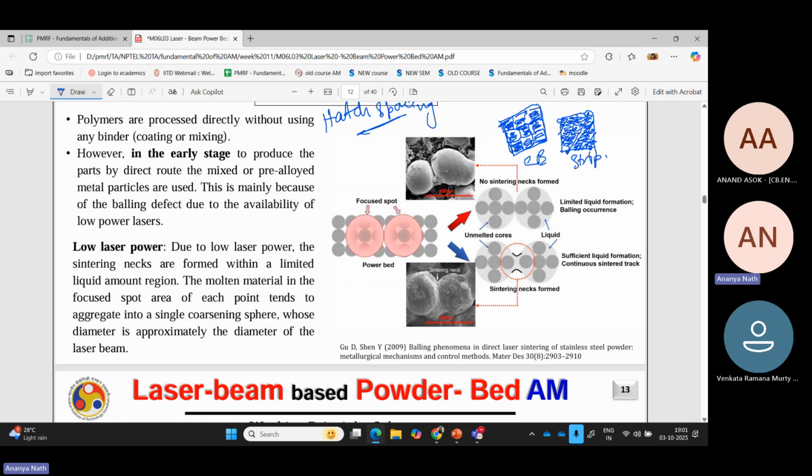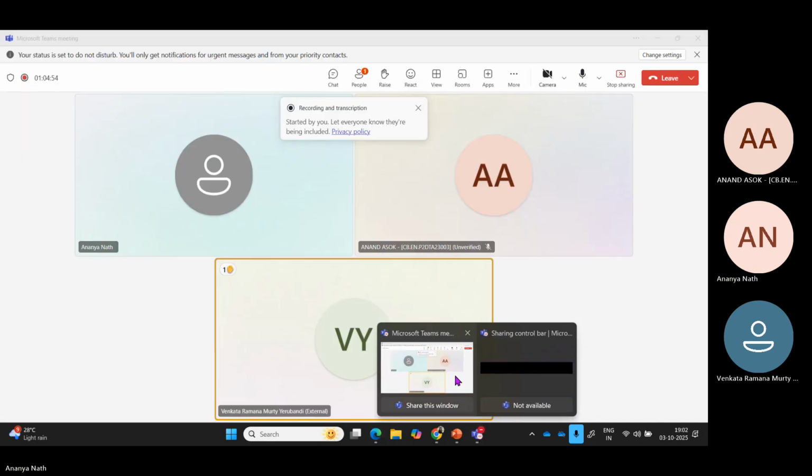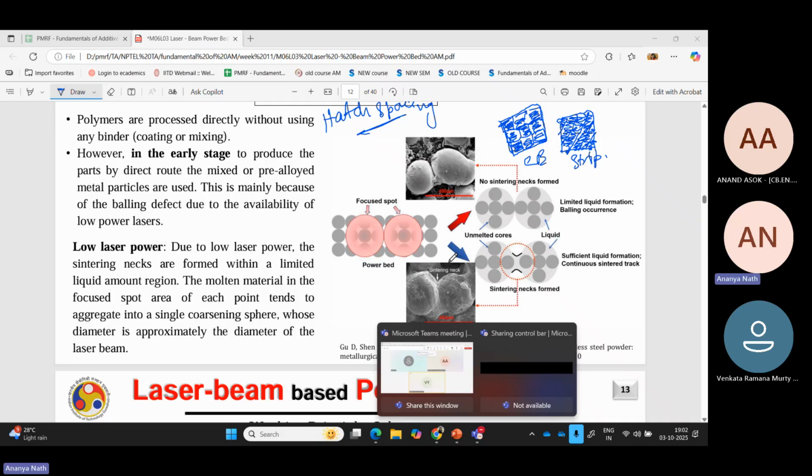Now, as your scan speed is very fast, you have very nice control or grip over the process in PBF. As your scan speed is very high, your energy density is very high. There, the cooling is also very high in the case of PBF parts. So as the cooling is very high, you have a better grip on the control of the process.